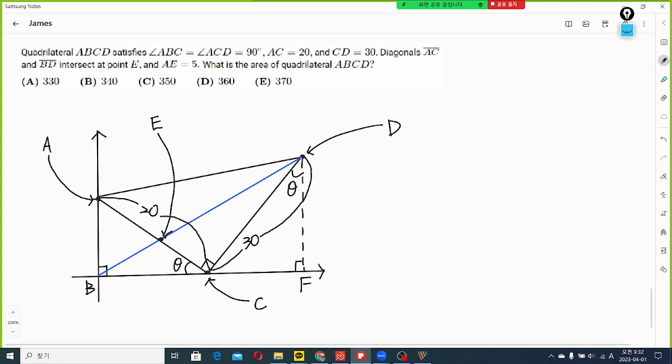So if we make the coordinates, the coordinates of C are 20 cosine of theta and 0, and the coordinates for A are 0 and 20 sine of theta.